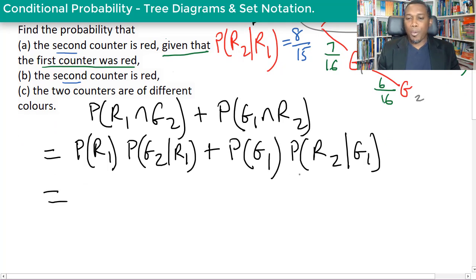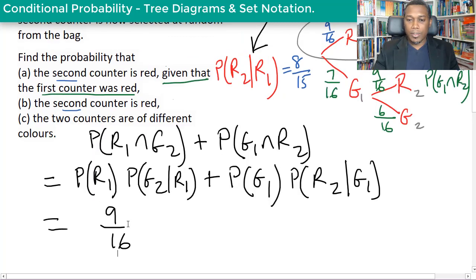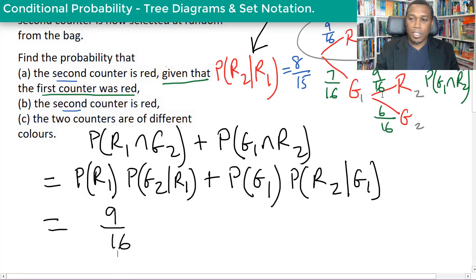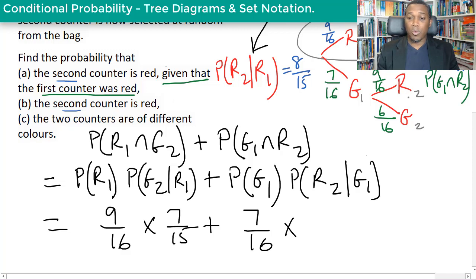And now that I know my probabilities, I can write them out. The probability of getting red first was 9 on 16, and then the probability of getting green second, given that I got red first, is 7 on 15. So I need to multiply by 7 on 15, and then add the probability of getting green first, which is 7 on 16, multiplied by the chance of getting red the second time, given that I got green first, which is 9 on 16.